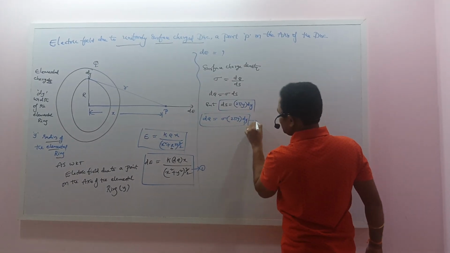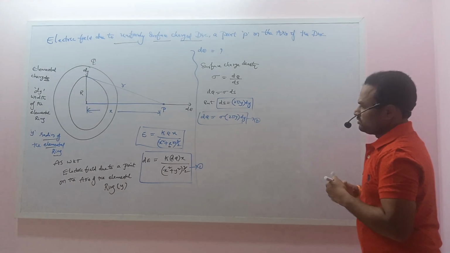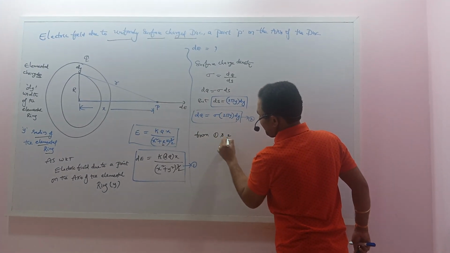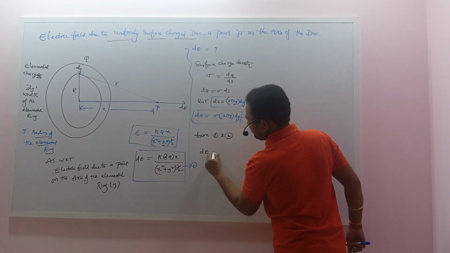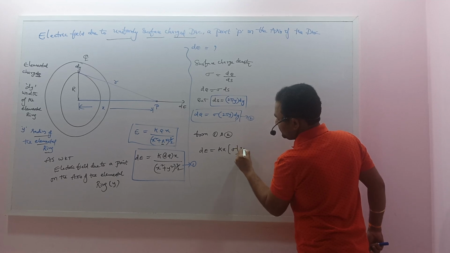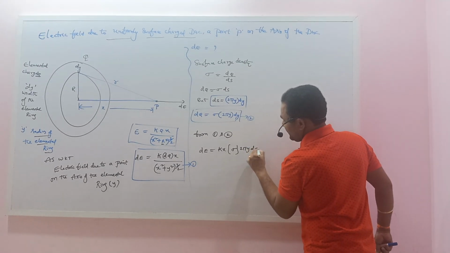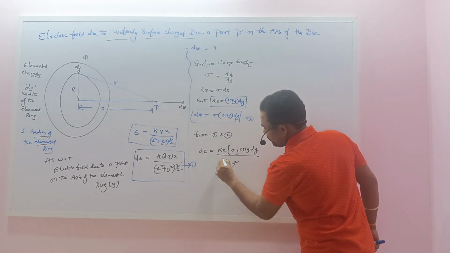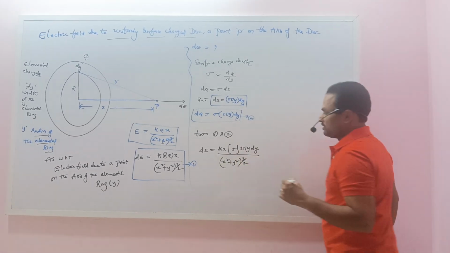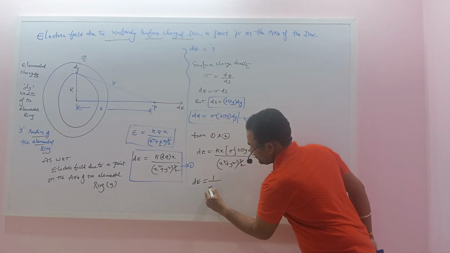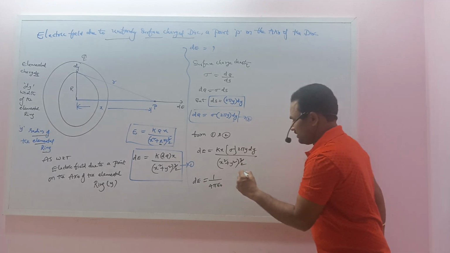This is equation number 2. From 1 and 2, dE is equal to kx into dq, which is sigma 2 pi y dy, by (x square plus y square) whole to the power of 3 by 2. Now k is 1 by 4 pi epsilon naught.